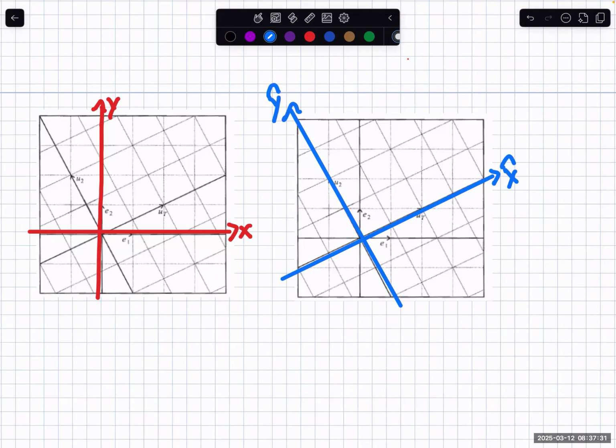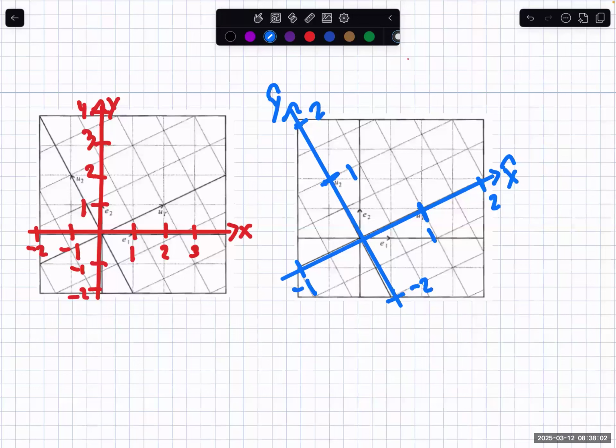And then we've got our tick marks. 1, 2, 3, -1, -2, 1, 2, 3, 4, -1, -2. And on this one, we also have our tick marks. There's 1, 2, -1, 2, -2.